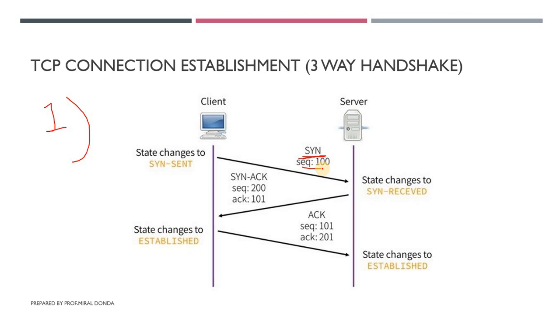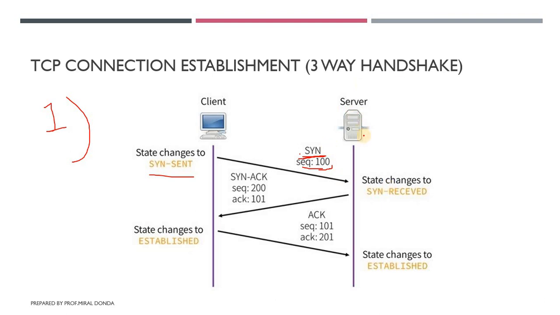Here the message is sync, and the client assigned a sequence number 100. So the client said that the message is sync and the sequence number of that message is 100. This message is sent by the client to the server. At that time the state of the client is SYN sent, meaning the message was sent by the client.